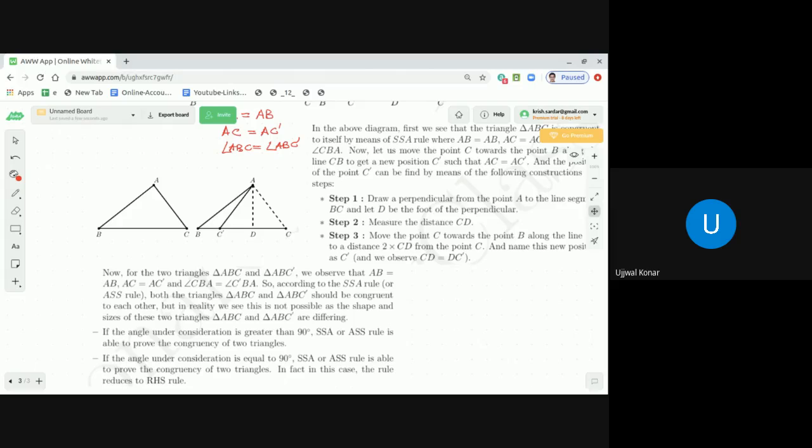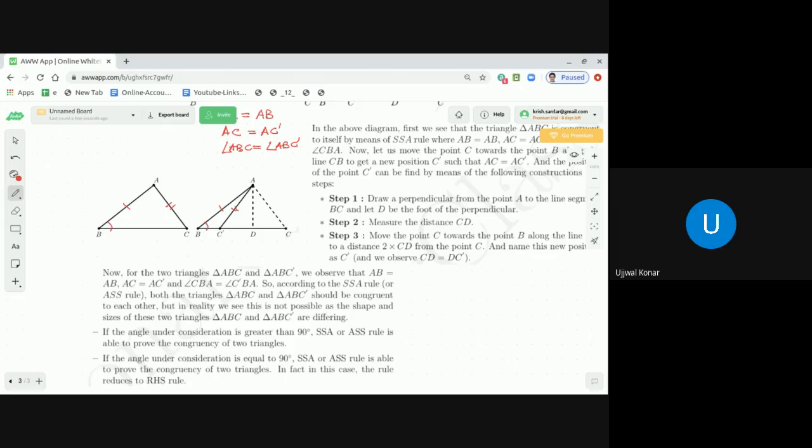That means, dear students, AB is equal to AB, AC is equal to AC dash, and angle CBA is equal to angle C dash BA. So what you can conclude under SSA rule is that they are congruent. But in reality, we see that it is not possible, as the shape and sizes of these two triangles ABC and ABC dash are differing.